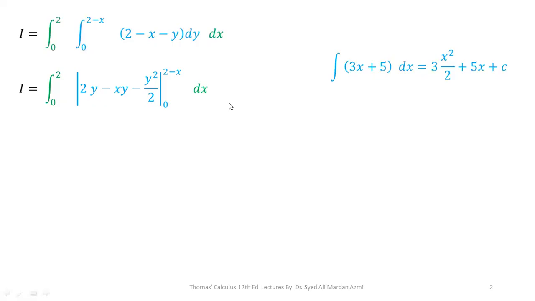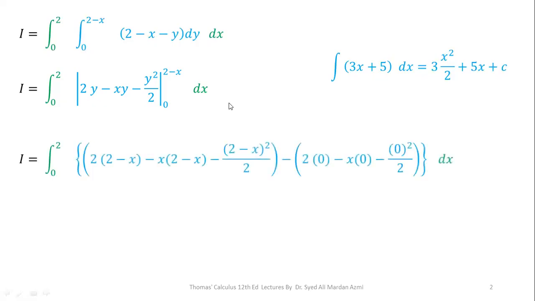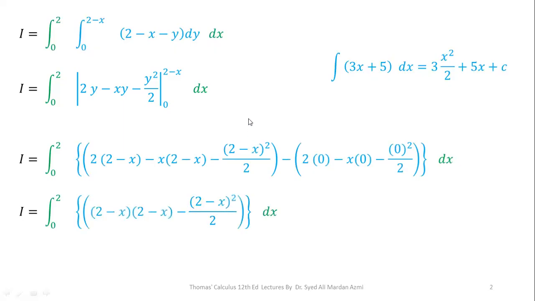After this, we apply the fundamental theorem of calculus, upper limit minus lower limit. For the upper limit, we replace y with 2 minus x, and for the lower limit, we replace y with 0. After simplification, in the second brackets all the terms become 0, and in the first two terms, we can take 2 minus x common.